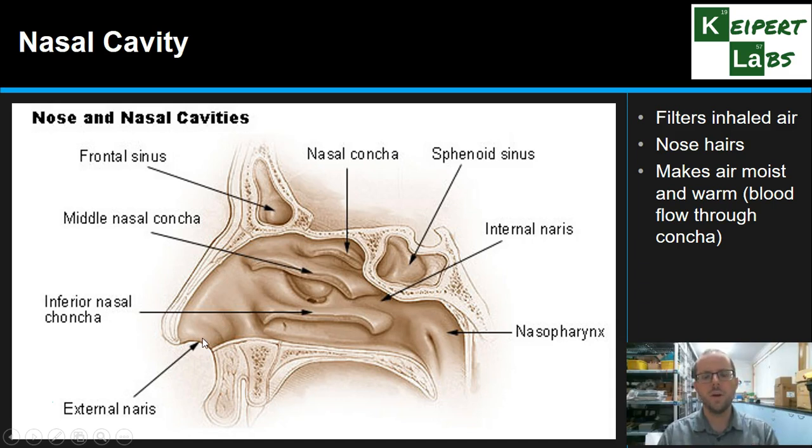The air flows over and past them, and there are very significant amounts of blood flow through there that help to warm up that air before it passes down. The reason that you want it warm is that otherwise your body has to expend energy to warm that air up further down in your system, and you're actually wasting energy. You're not getting as much out of it.